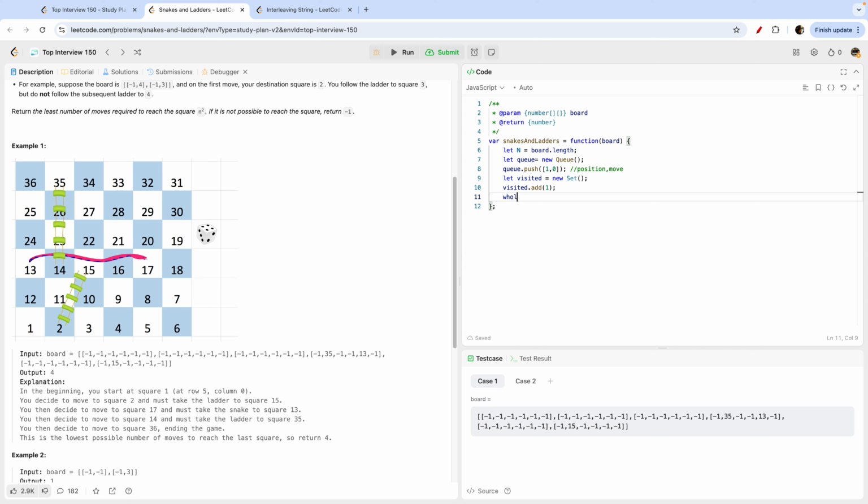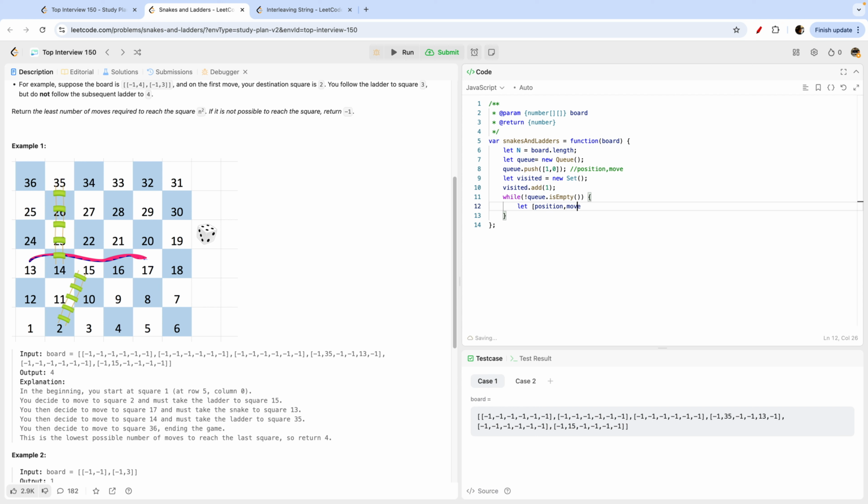Typical BFS: while queue is not empty, then we need to get the position and move.